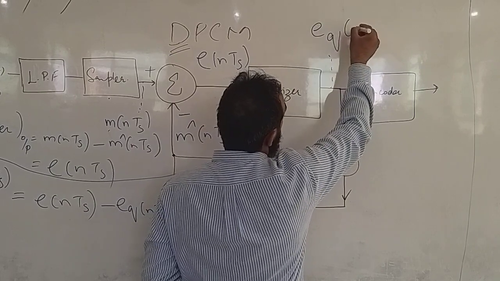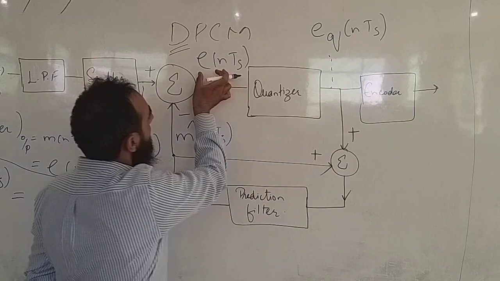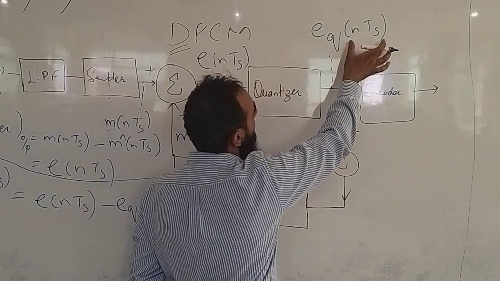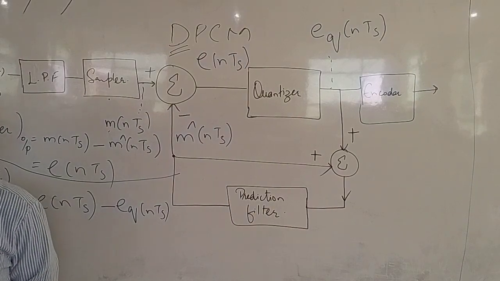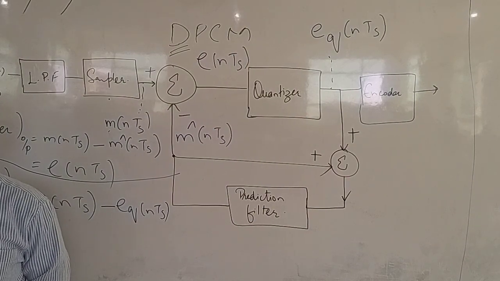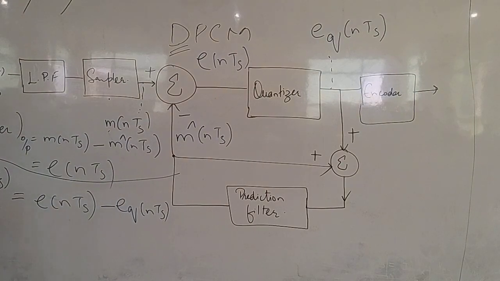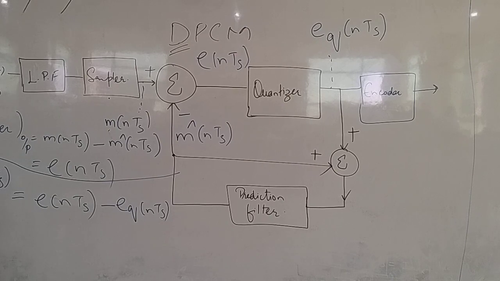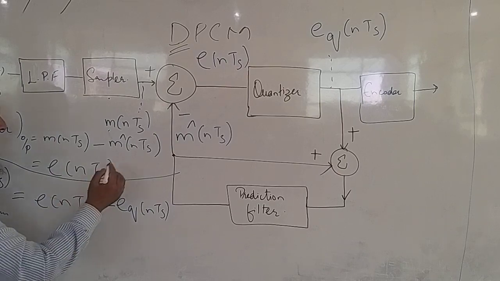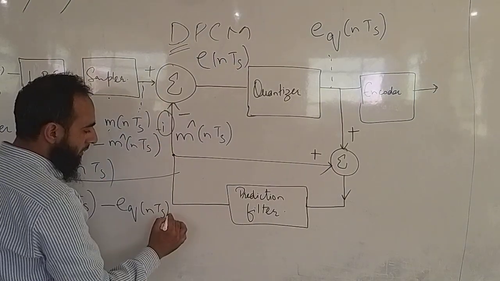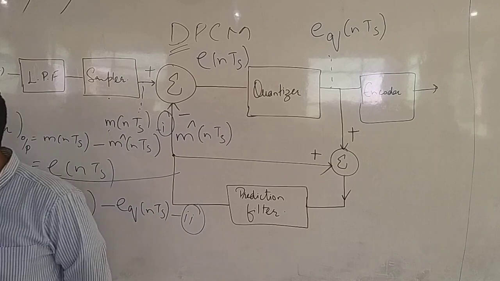E of NT of S is input, EQ of NT of S is output, where Q of NT of S is the quantization error. So let's say this is equation 1, this is equation 2. Okay?